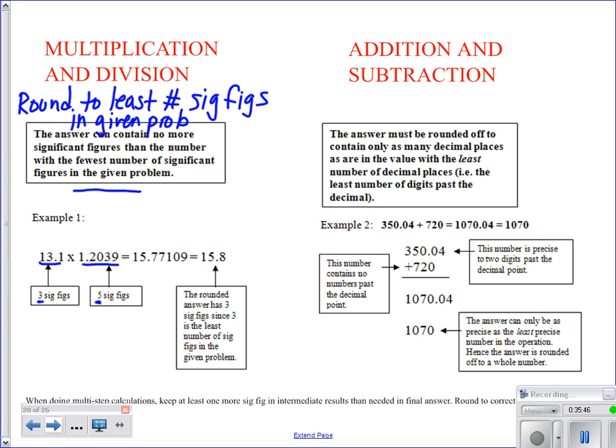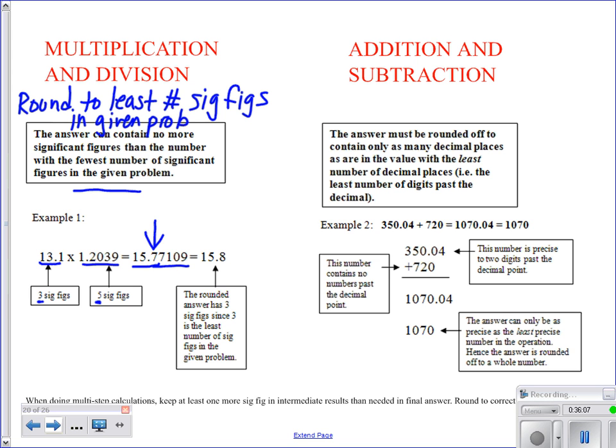You're going to see that we are calculator people. You plug it in, your calculator spits out this big, big number. But you do not report all of those values because it's giving you a false sense of precision. You really do not have that much precision to be able to report it out that far past your decimal to those many significant figures.